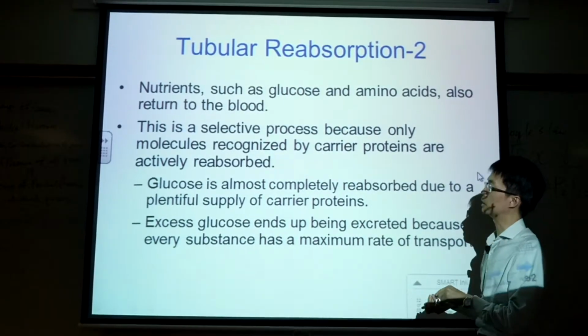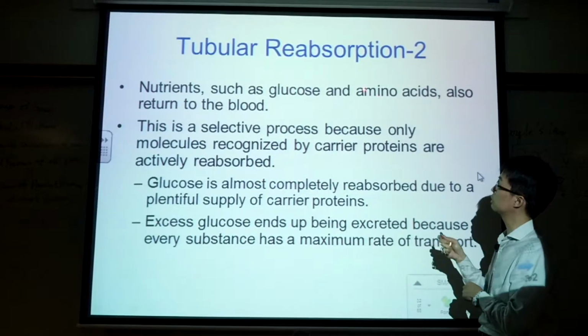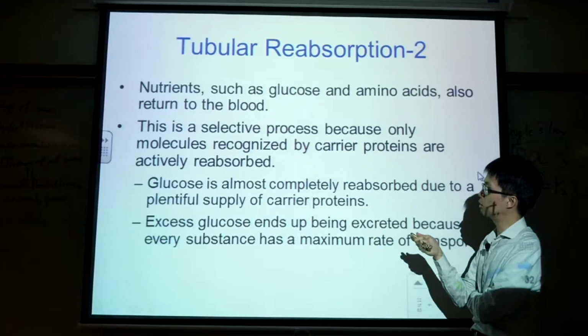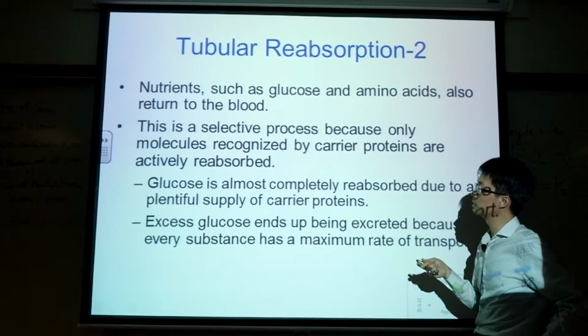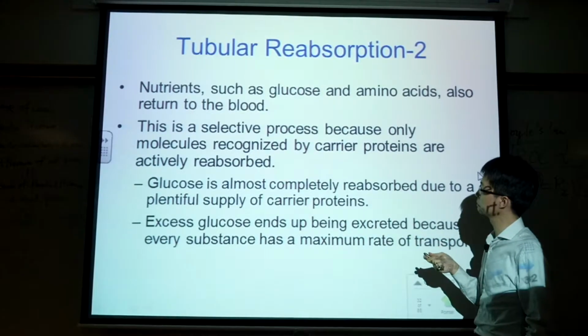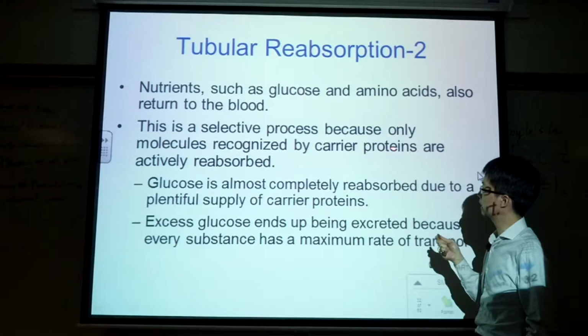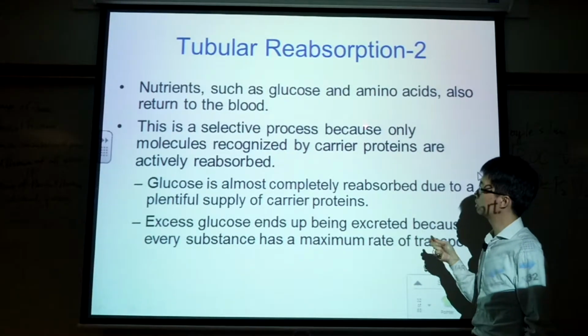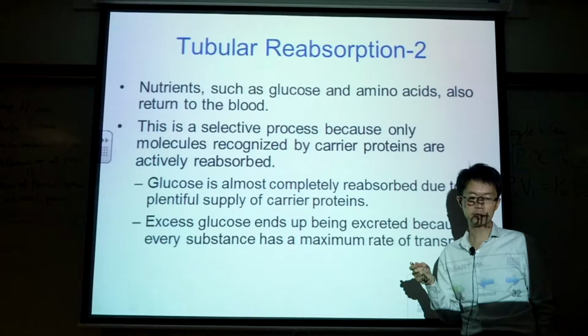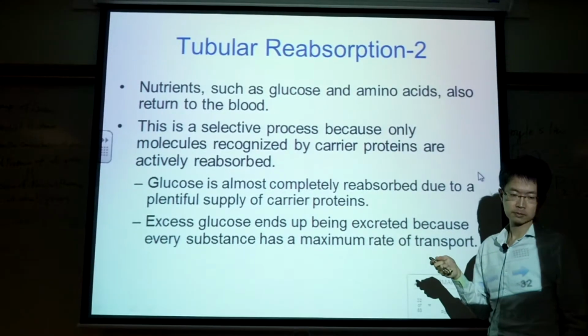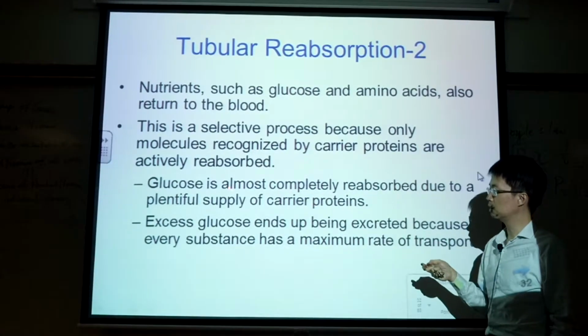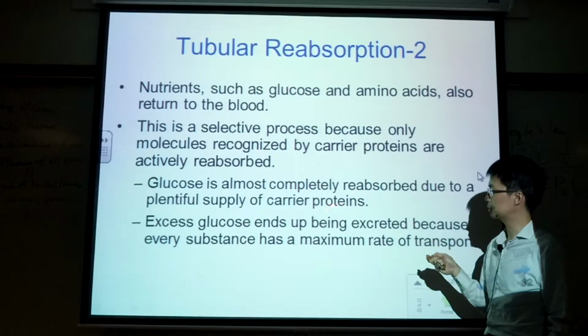What about nutrients? I mentioned the nutrients, they are glucose and amino acid. They also go back to the blood, but it requires carrier protein. Glucose is completely reabsorbed.